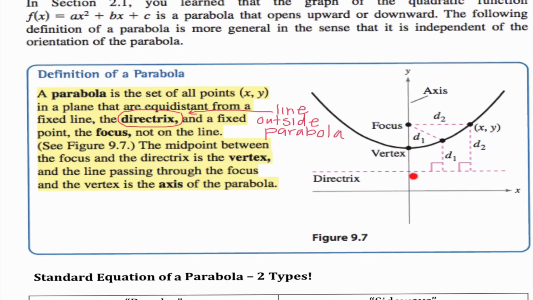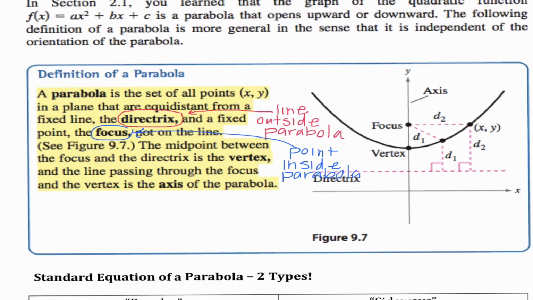The parabola never intersects this directrix. Secondly, the focus is a point that is inside the parabola. So if the parabola opens up, the focus is moving up from the vertex. If our parabola opened down, to get to our focus, we would move down from the vertex.